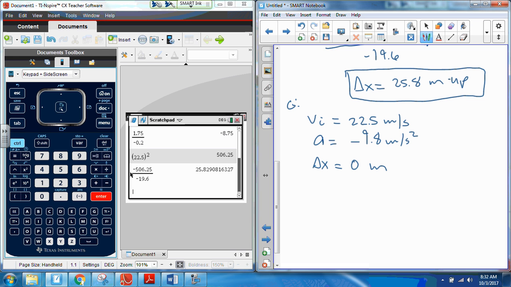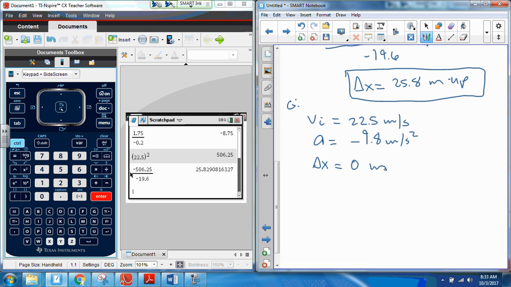Because I landed at the same spot I started. So I might have traveled somewhere in the meantime, but at the end time, I'm back where I started, so my displacement is none. Remember, displacement is your final position minus your initial position. So if they're the same spot, it's 0. Okay? One more thing that we can do. One more ungiven given. Do y'all know what V final is? V final is not 0.